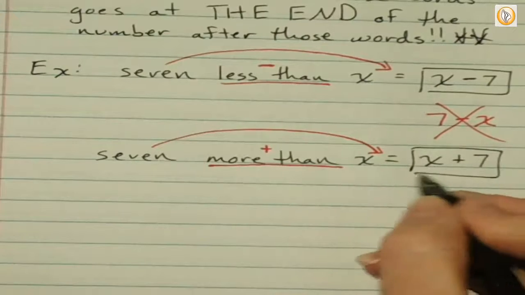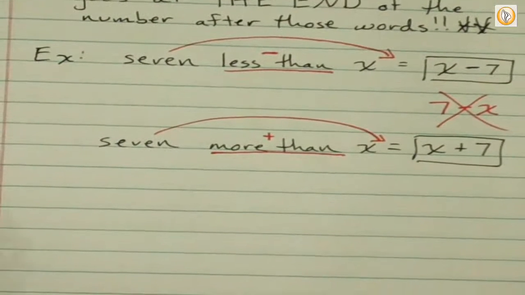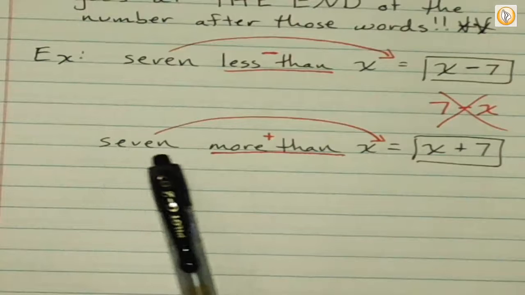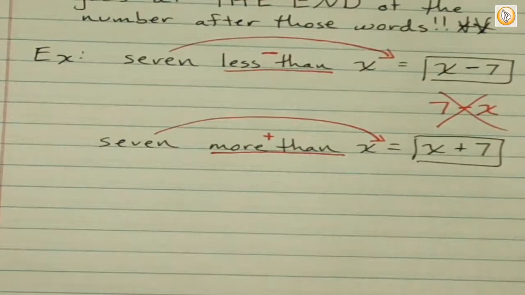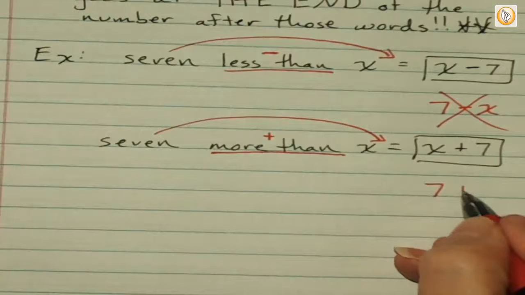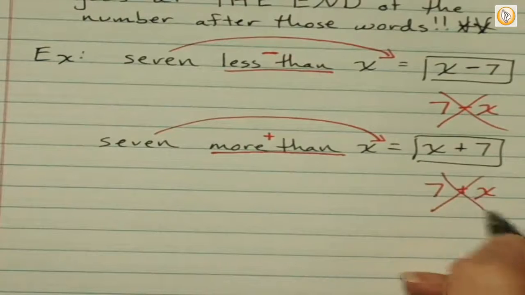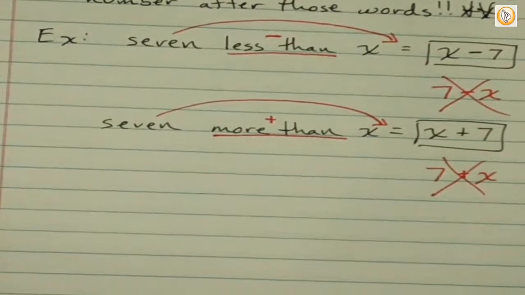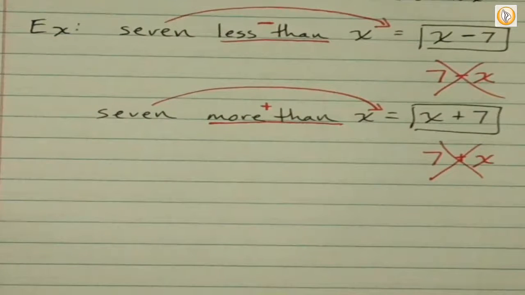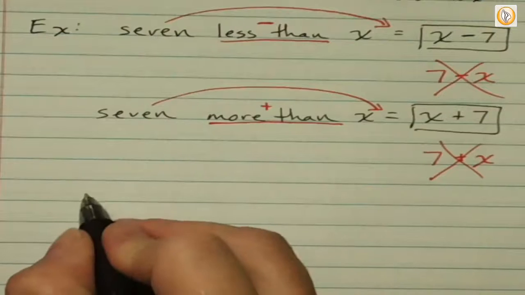Well, technically, in this situation, it could go before. Yes, but in the math world, if they have this as your math problem and you write 7 plus X, it is considered wrong. You still get the same thing. It doesn't matter. Rules are rules. Okay, what about if I do this?